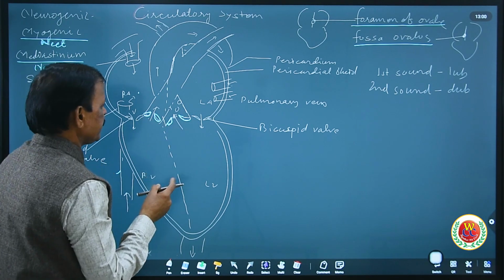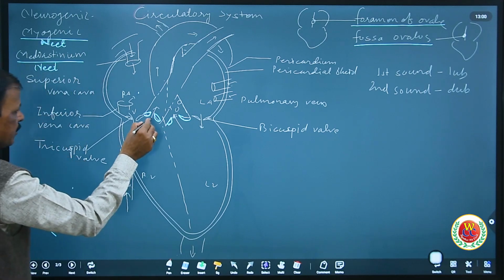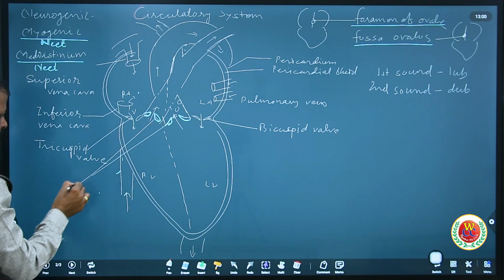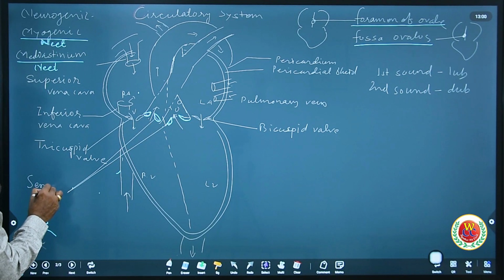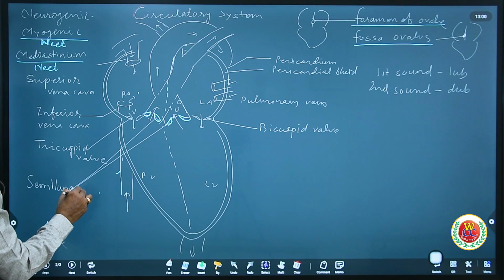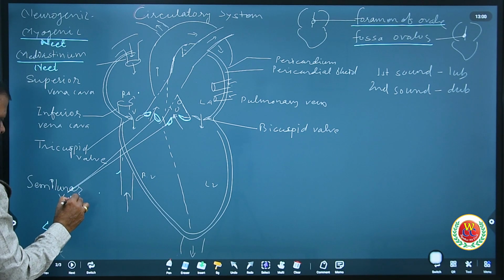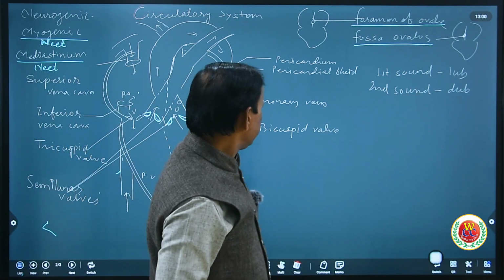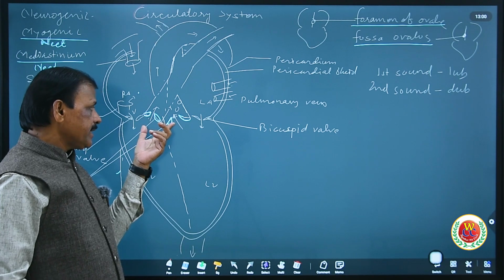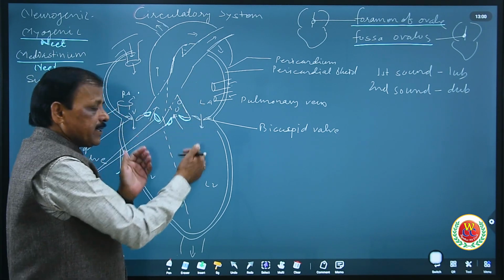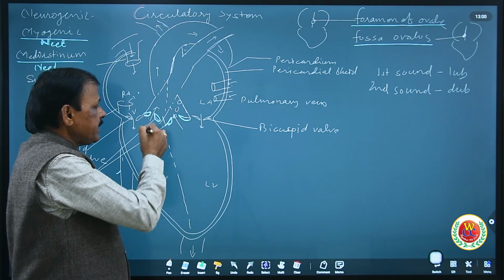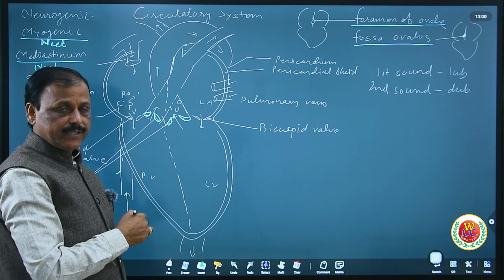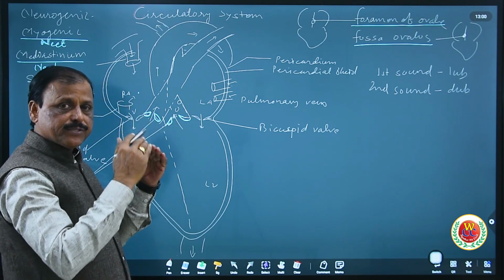So these are the semilunar valves. They get closed and produce the second sound called dub. What is the aim behind closing this? To prevent the backflow of blood from the aorta and artery into the respective ventricles.